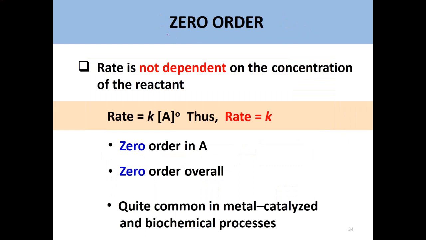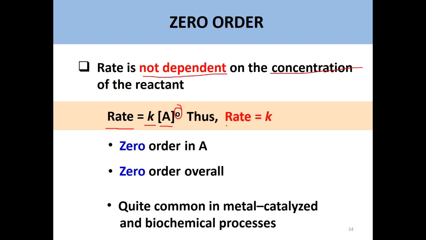For zero order, basically the rate is not dependent on the concentration. So for zero order, we have rate equal to K times concentration to the power of 0.